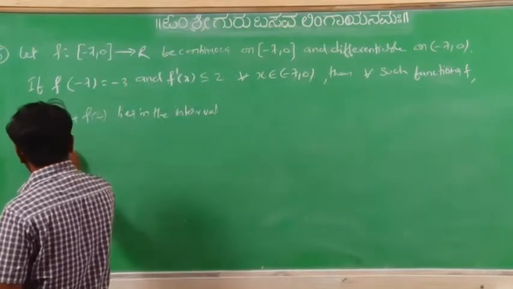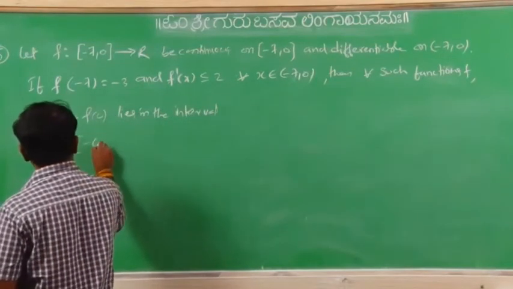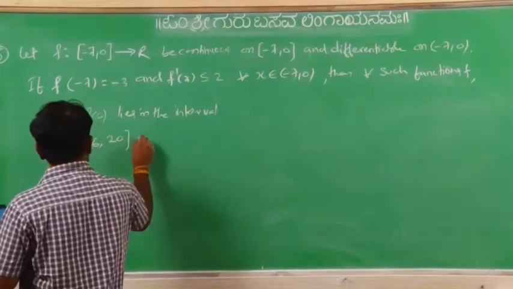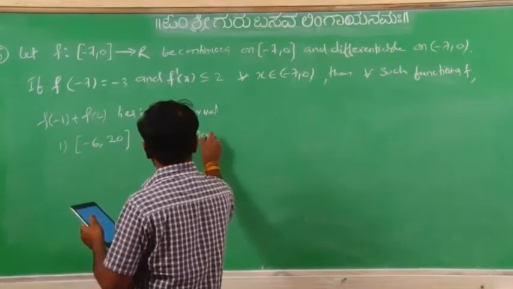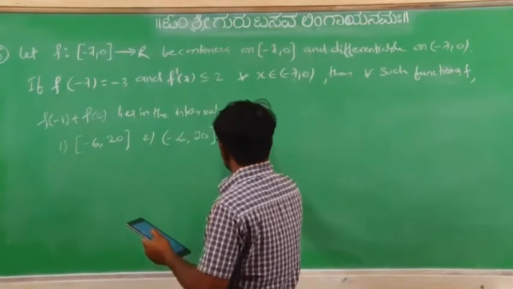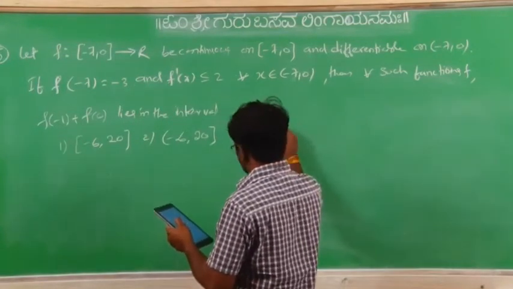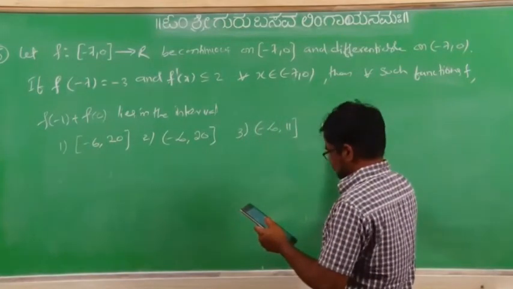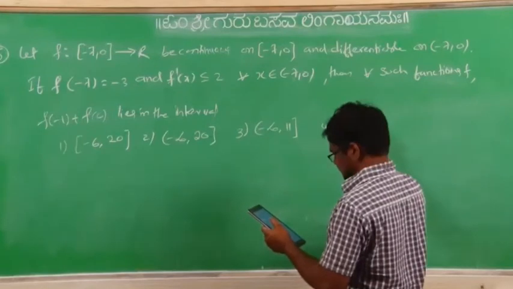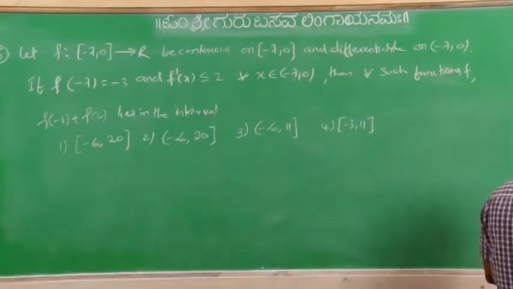First option they given: closed interval [-6, 20]. Second: (-infinity, 20]. And third one: (-infinity, 11). And fourth one is the closed interval [-3, 11]. This is a simple problem.